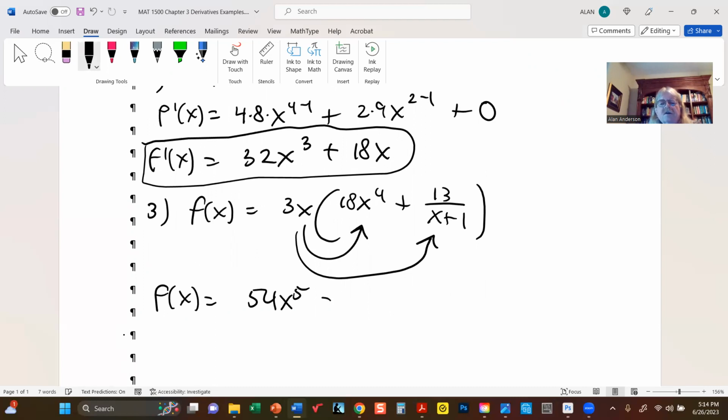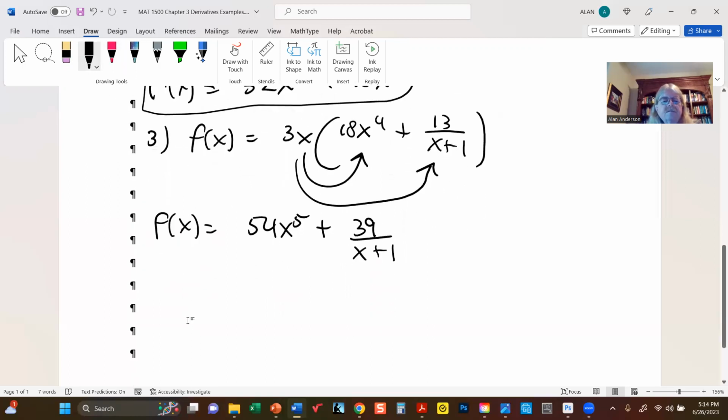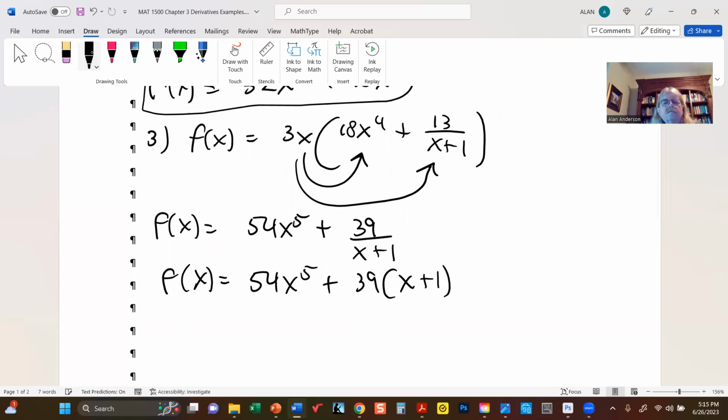Then in the second term, you're going to have 39 over x plus 1, which you might want to write a little differently. It'll be easier to apply the power rule if we write it as x plus 1 to the minus 1.